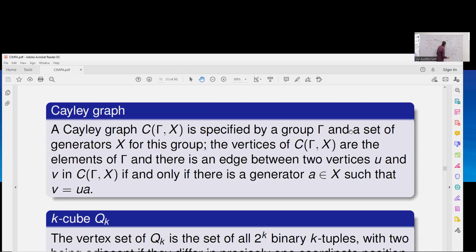Degree is 2. What is the diameter? What do you think of a cycle with 100 vertices? Let me pick this vertex and the vertex furthest from it. Which one is furthest? Somewhere completely on the other side. What is the distance between them?